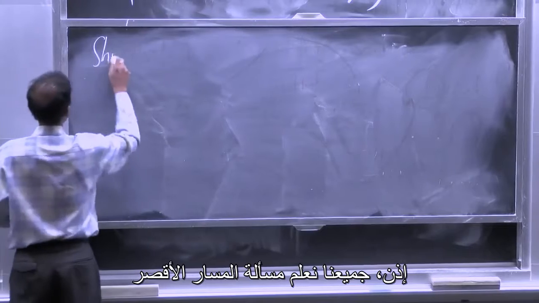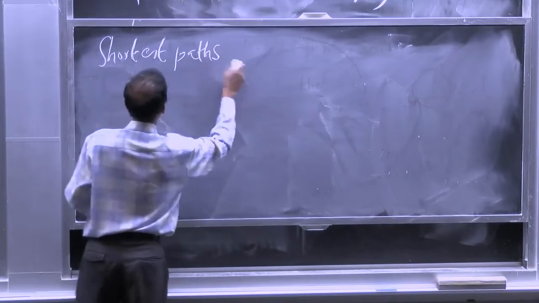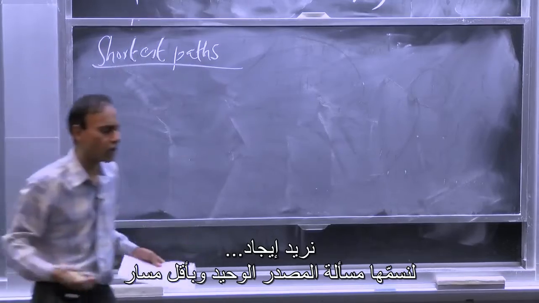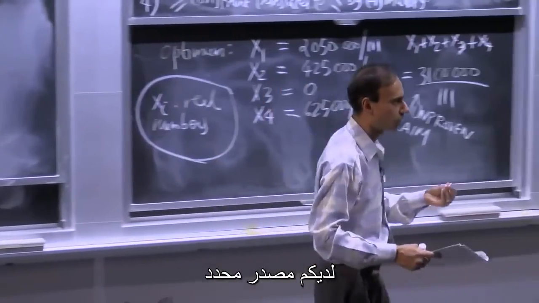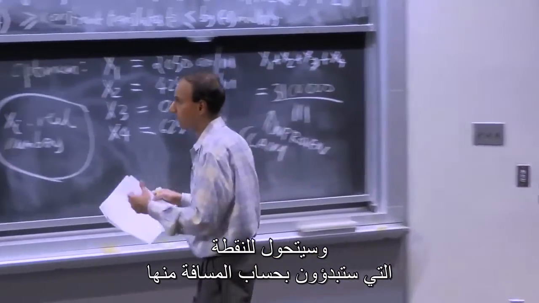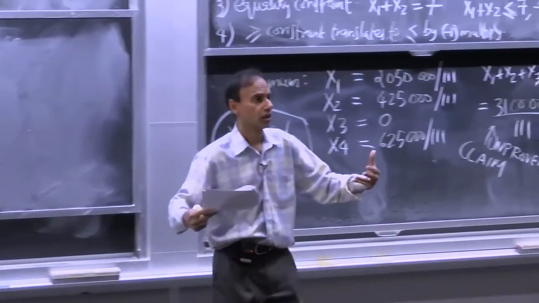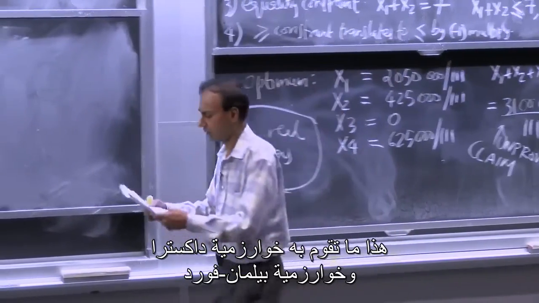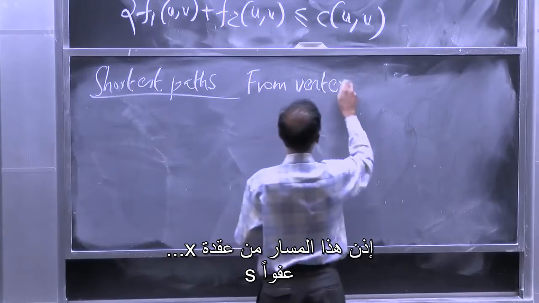So we all know the shortest path problem. Let's just call it the single source shortest path problem. You have a specific source that's going to turn into the point from which you're going to start computing the distance, right? That's what Dijkstra does, and that's what Bellman-Ford does. And so this is from vertex S.